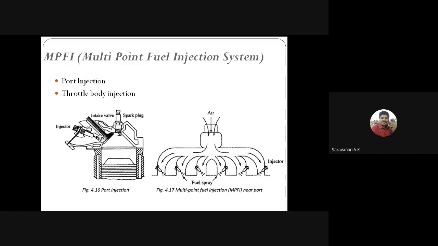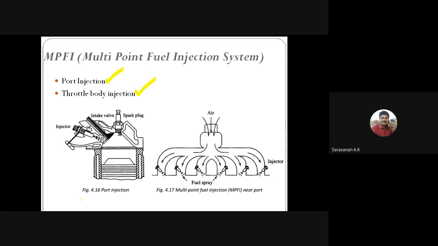The multi-point system can have two basic arrangements: one is the port injection, and the second one is the throttle body injection.